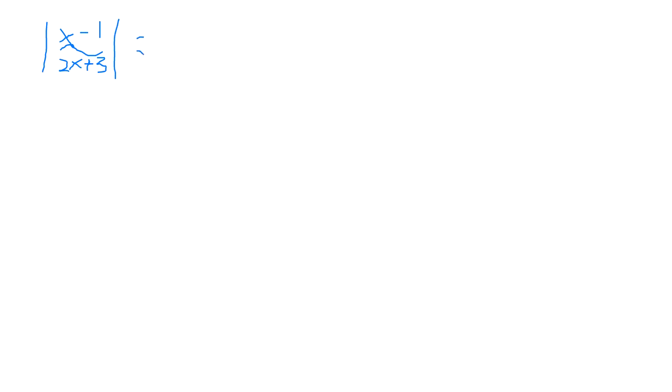We are going to have two different solutions. I'm sorry, there will be no modulus. When you remove the modulus, it becomes x minus 1 all over 2x plus 3 equals 4.